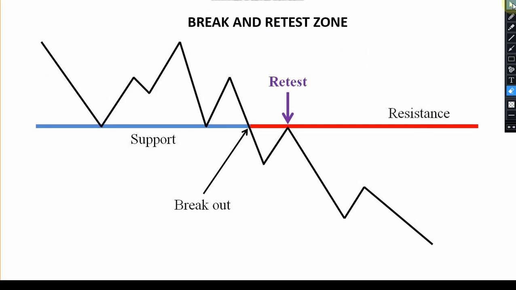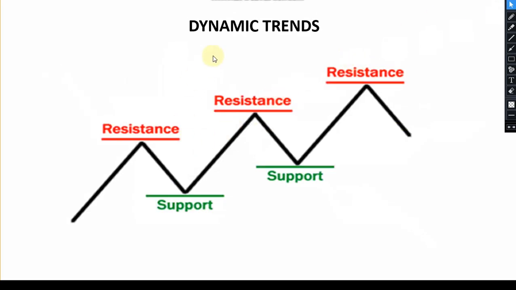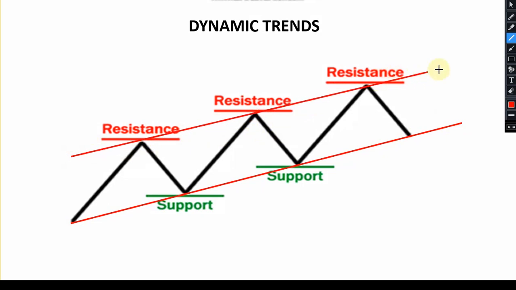The next thing we covered here was the dynamic trend. I further tried to let traders know that resistance and support is also a trend. Sorry, no, a trend, uptrend or downtrend, is also a dynamic resistance and support.